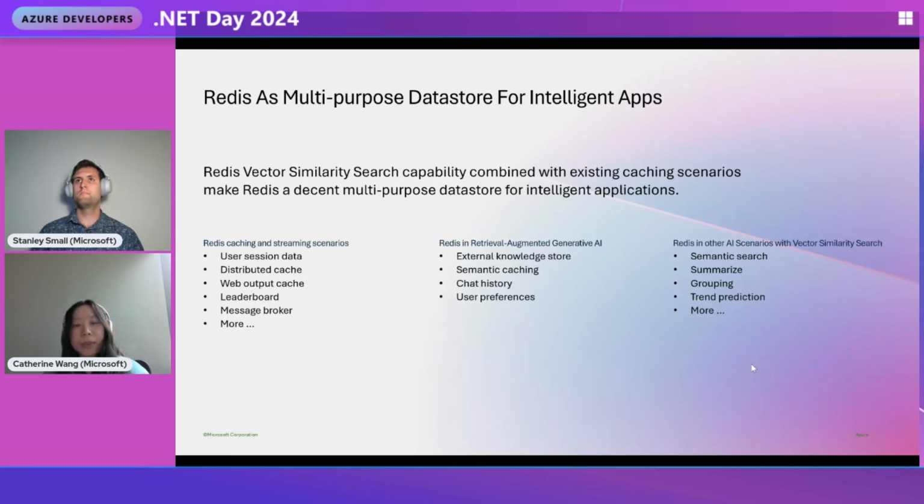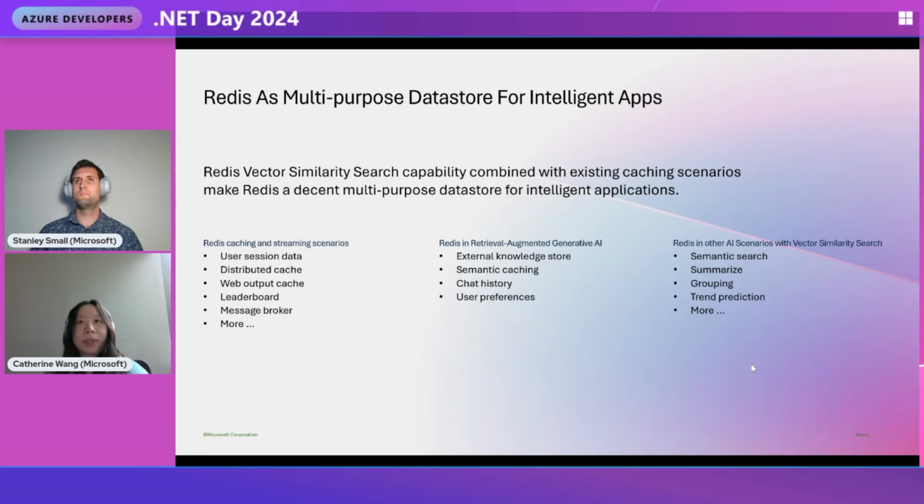Other scenarios include summarization, grouping, and trend prediction, which can be delivered just by comparing the similarities or differences among the vector embeddings, and you can incorporate it in your application.